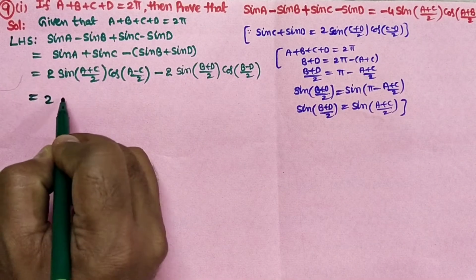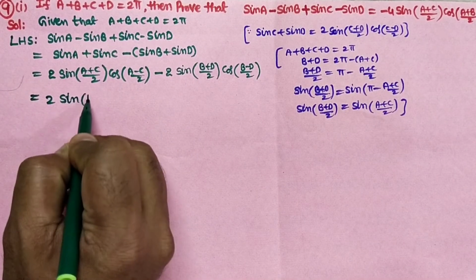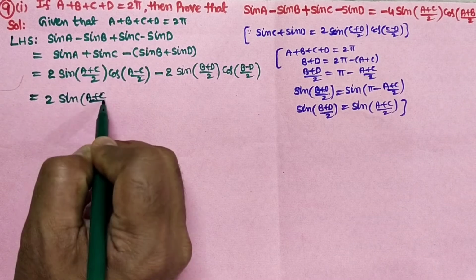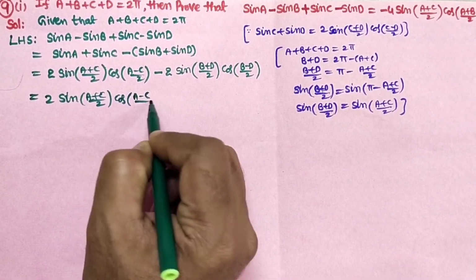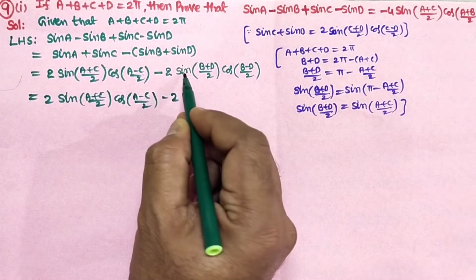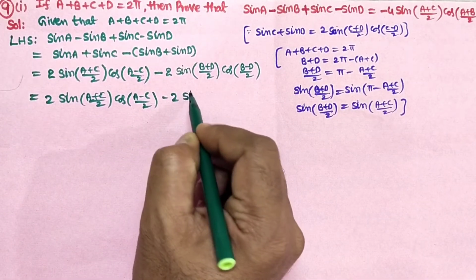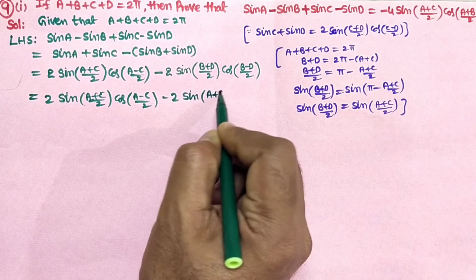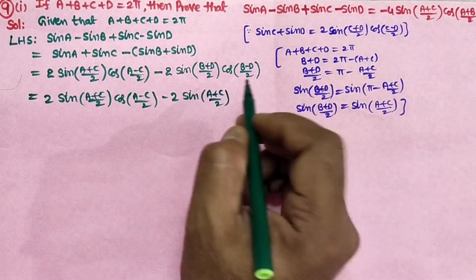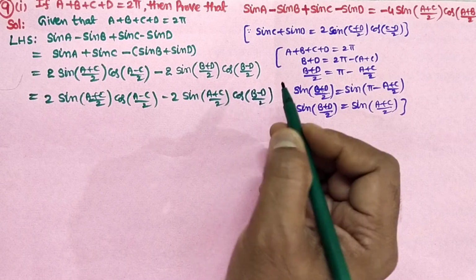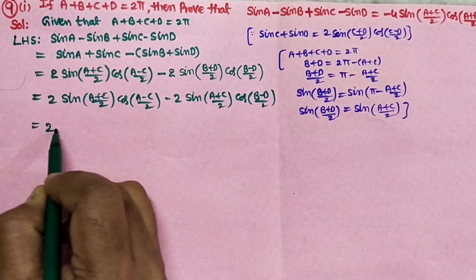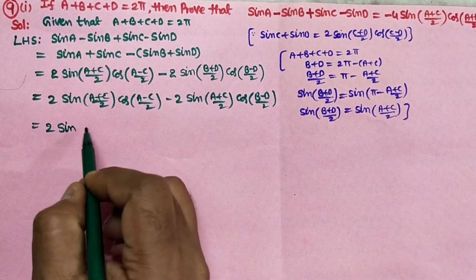So 2 sin of (A plus C) by 2 into cos of (A minus C) by 2 minus 2 sin of (A plus C) by 2 into cos of (B minus D) divided by 2. Now take common 2 sin of (A plus C) by 2.